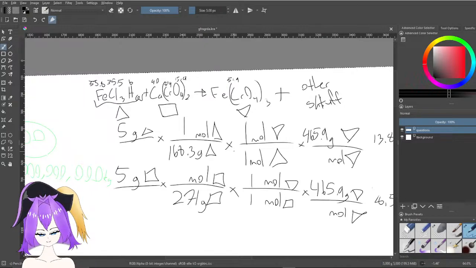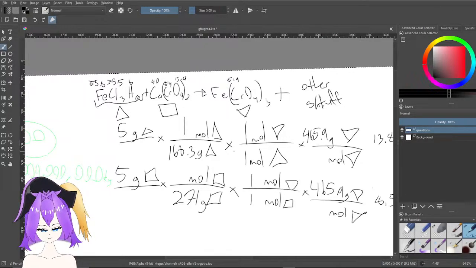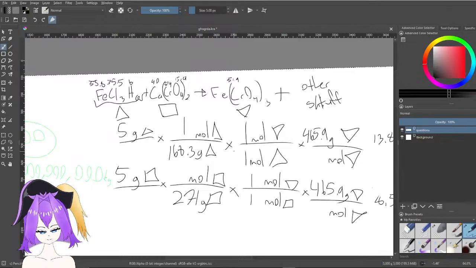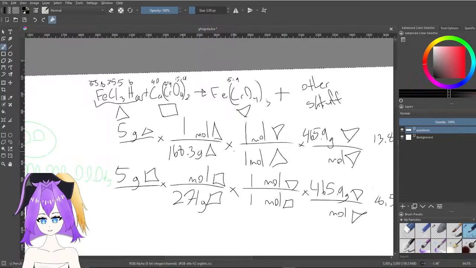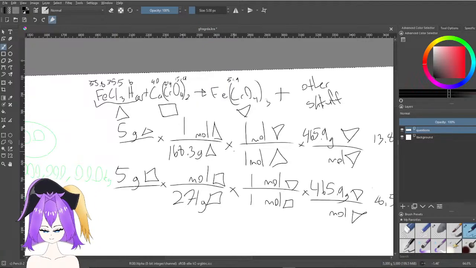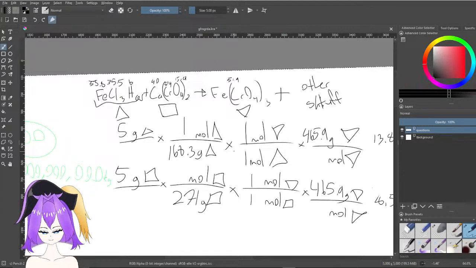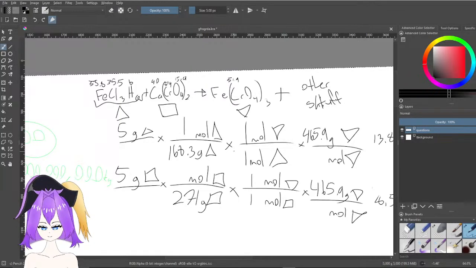168.3 grams times 1 mole of thingy over 465.9 grams of thingy, times that.